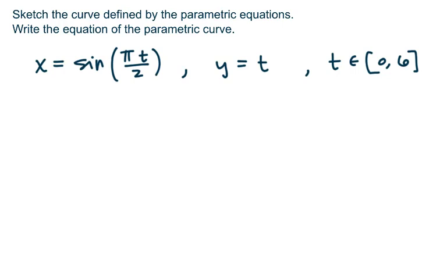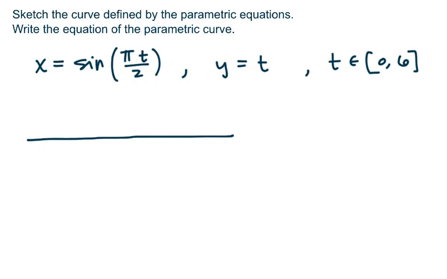What I like to do, consider we have this function, we'll call it f. This function represents my horizontal motion, or x. And then my vertical function, g of t, is t, and we're calling that y. So what we're going to do first is make a table of values.